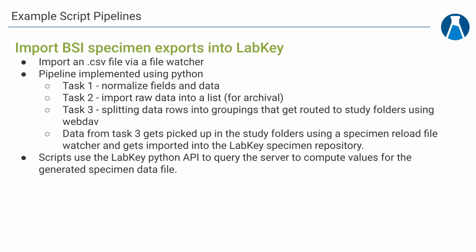This does some normalization on the data, and then imports the raw data to one section for an archive, and then splits it up and sends it to the various study containers and tasks where it's going to be used. These can then pick that data up separately and trigger their own file watchers as well.